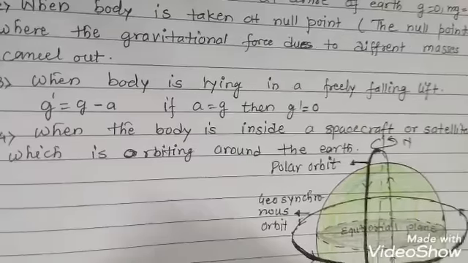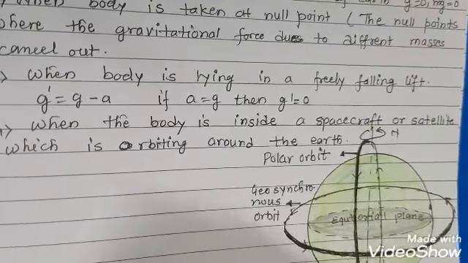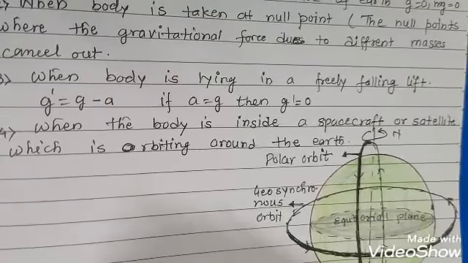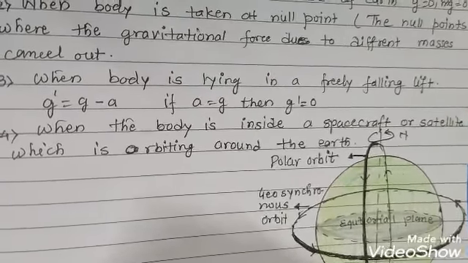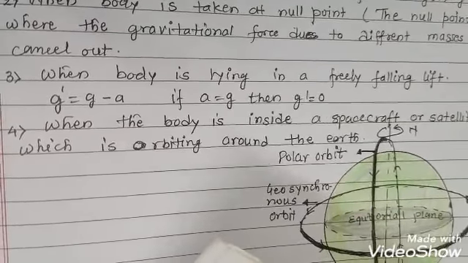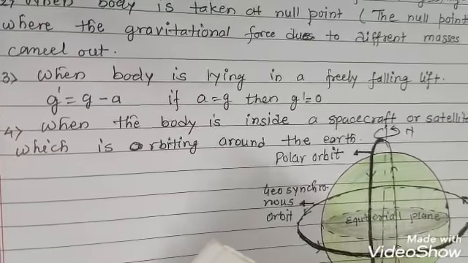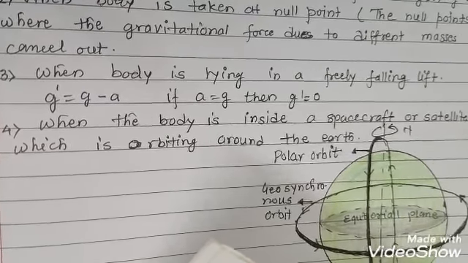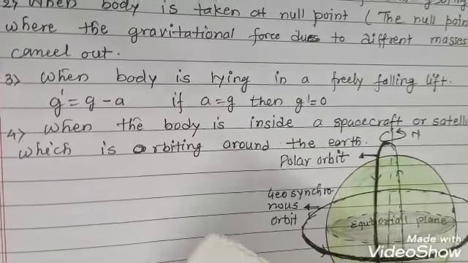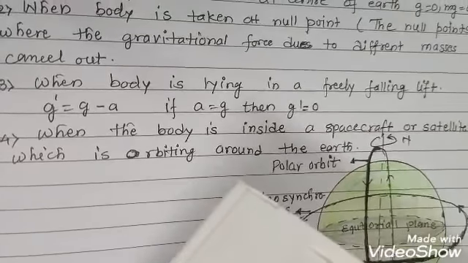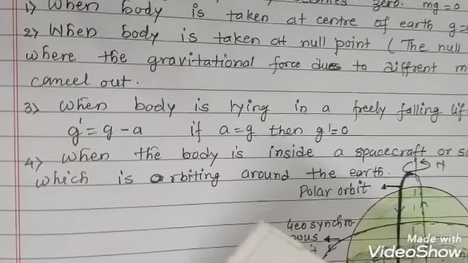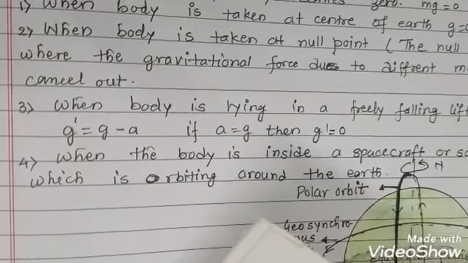With that orbital velocity the satellite is always in a free fall situation. So g dash would be 0, and whatever things are inside the satellite will also feel a state of free fall. It is similar to the state when an object is falling freely towards the earth from a height, and therefore the object inside the satellite experiences no gravity, and that is why an object in a satellite orbiting around earth is in a weightlessness state.